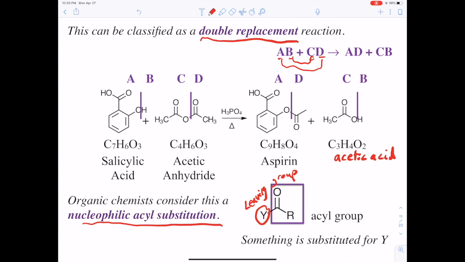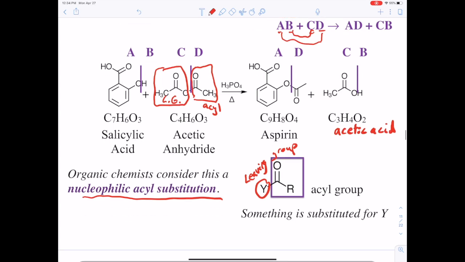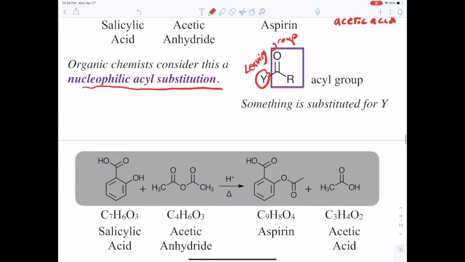So when you look at acetic anhydride, here's our acyl group, and all of this is our leaving group. So from the perspective of that acyl group, we're replacing the leaving group with basically salicylic acid minus the hydrogen. So that's a nucleophilic acyl substitution.